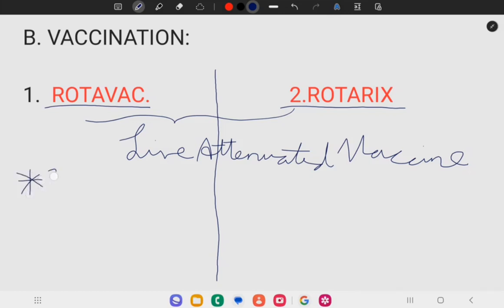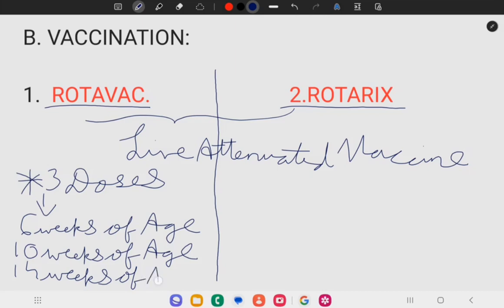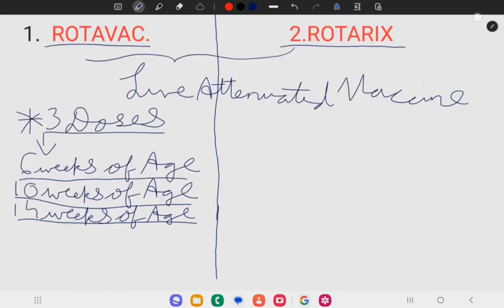Rotavac is given as 3 doses. The first dose is administered at 6 weeks of age, the second dose at 10 weeks of age, and the third dose at 14 weeks of age.